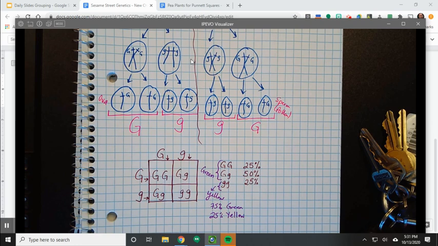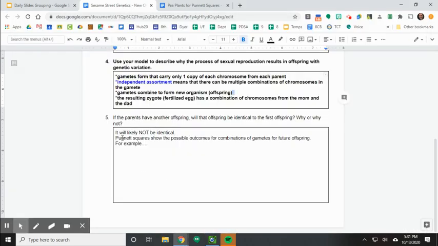What matters is that you have a model that you can use to support your answer, that other offspring are not likely to be identical to the parents, that you're going to have genetic variation, or a variety of genetics, when you're comparing offspring with the parents and looking at other offspring that those parents produce. Hope this is helpful.